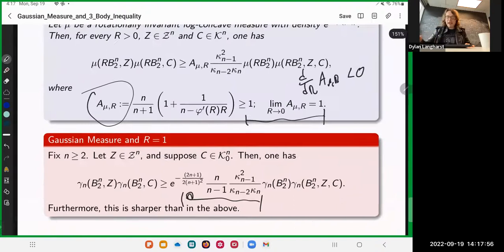And in the Gaussian case, if there was equality here, then there would be equality in Jensen's inequality applied to a specific integral, which I forget.